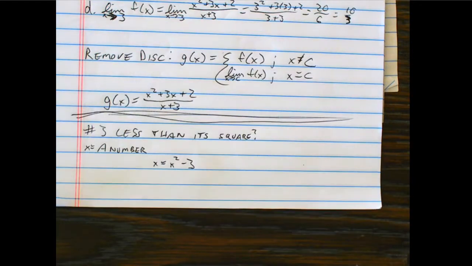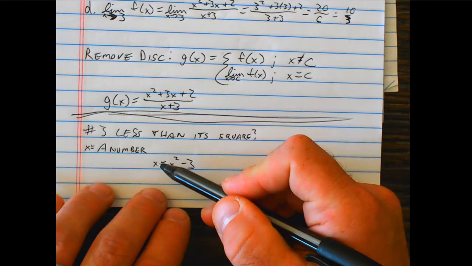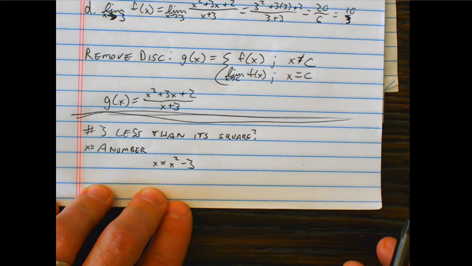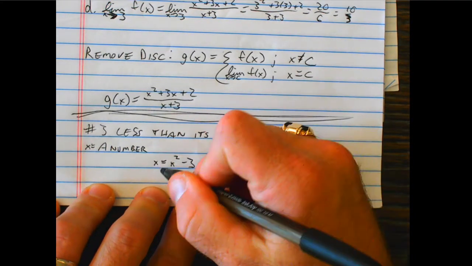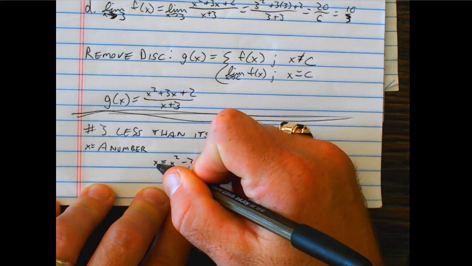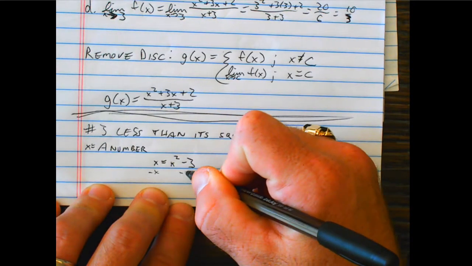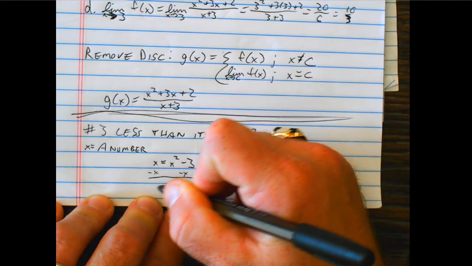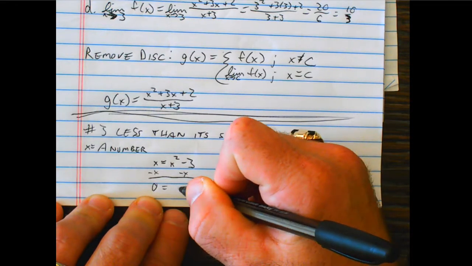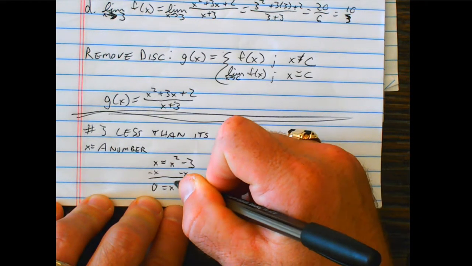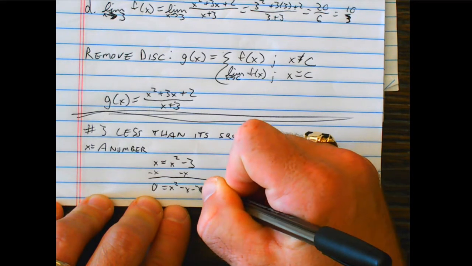So, is there a number where x is equal to x squared minus 3? To answer this, I make this a little bit friendlier, and I get 0 on one side by subtracting x. I get 0 is equal to x squared minus x minus 3.